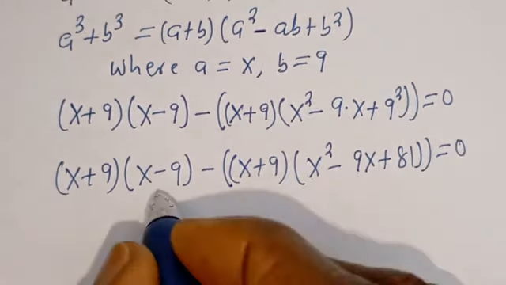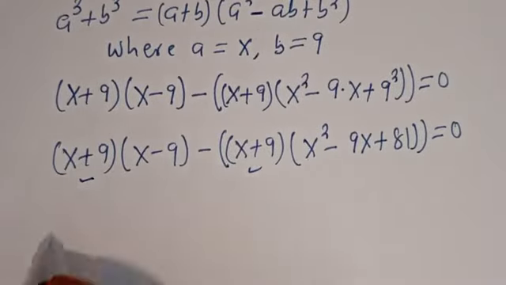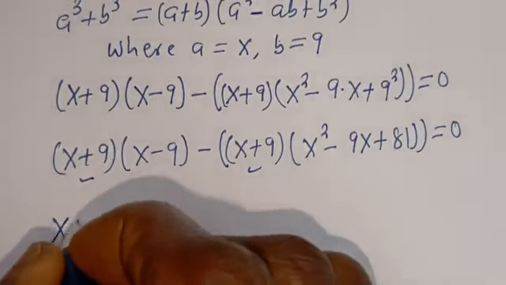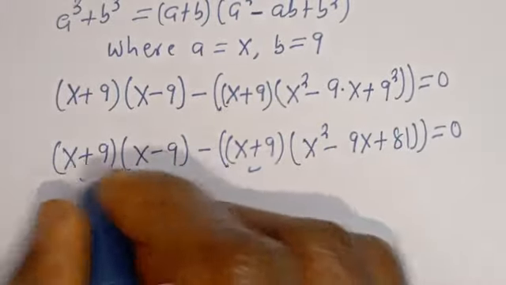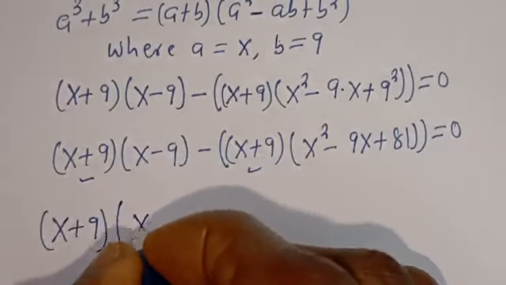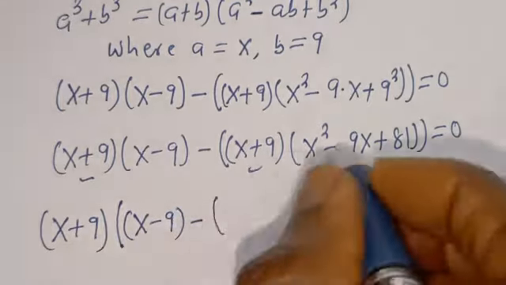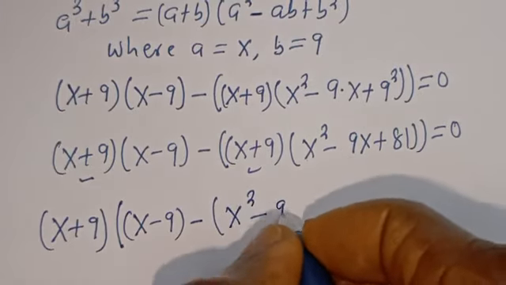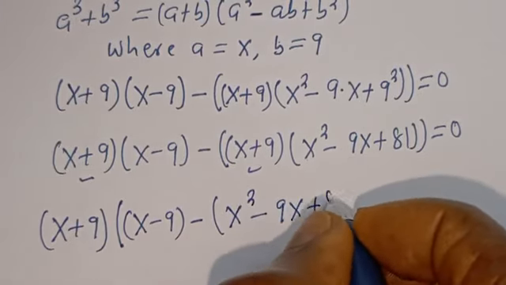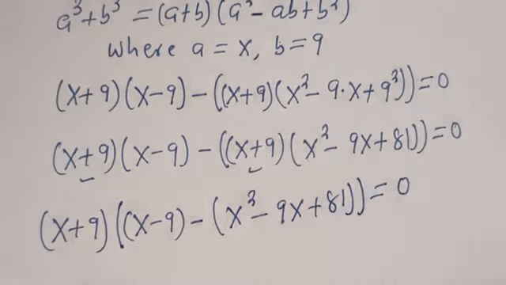Now from here, s plus 9 is common. Let's bring it out. We have s plus 9 bracket. If we divide this by this, we have s minus 9 minus, if you divide this by this, we have s squared minus 9s plus 81 is equal to 0.